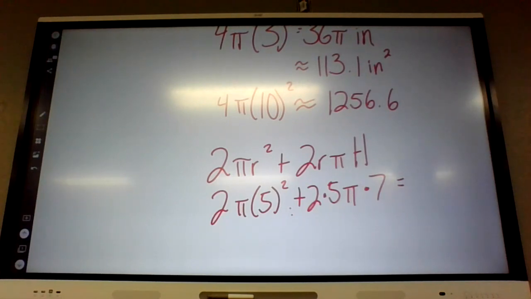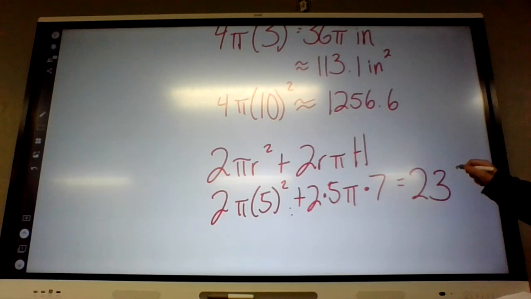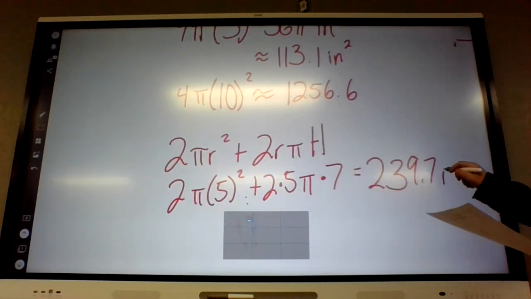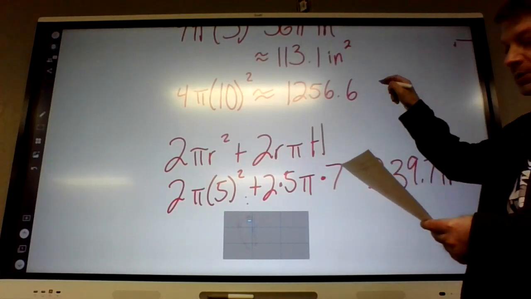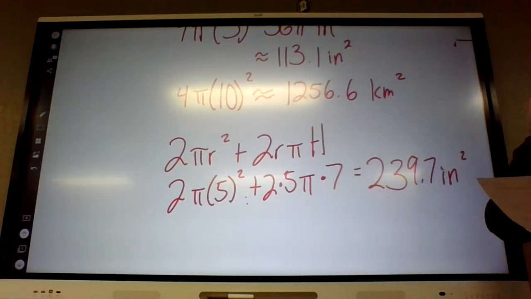Alright, number 4. Oh, what'd you guys get on 3? 230. Let's see, that's inches. I don't know if I labeled the last one. This one's kilometers. Like a little asteroid.